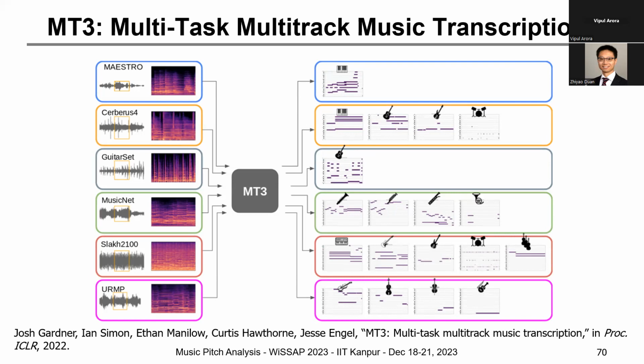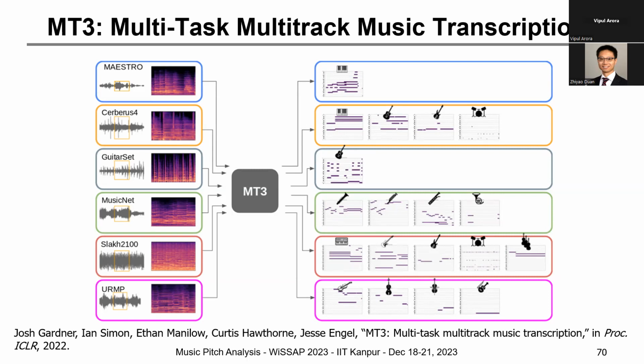Basically, they collect a lot of datasets covering different instruments, like guitars, MusicNet with various orchestra instruments, synthetic sounds, and URMP, recorded in our lab, covering different instruments. They have different instrument combinations, different polyphony, different pitch ranges, but they train the same model, and the model is able to transcribe the pitch content of different instruments.